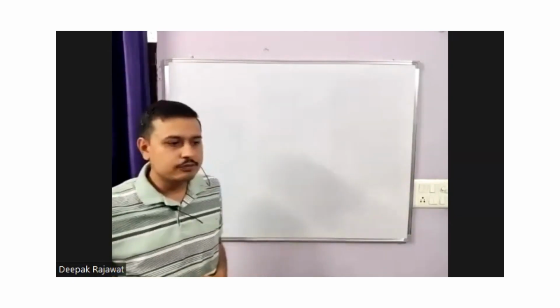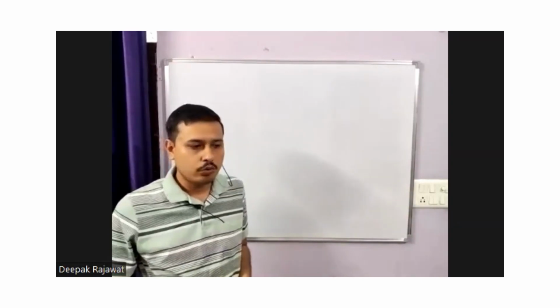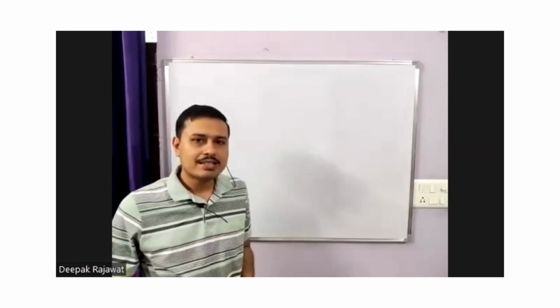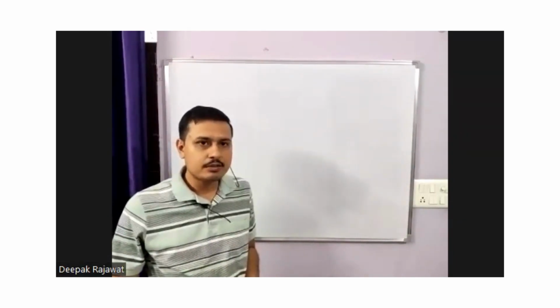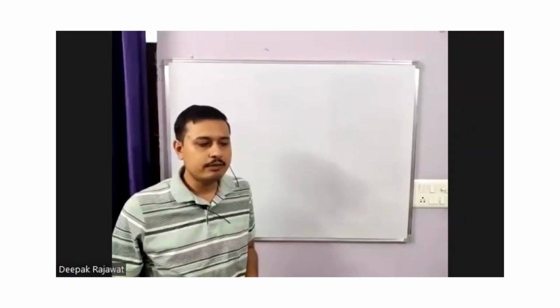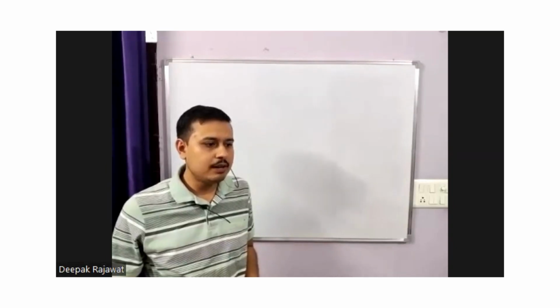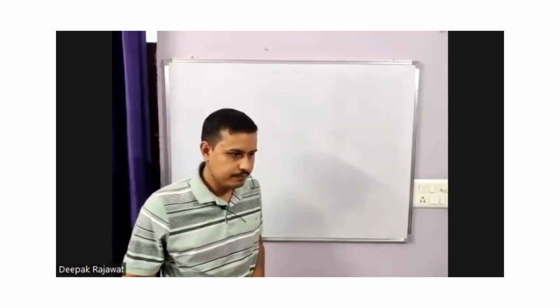Now we are going to learn why we put these symbols in French. So in today's class, we will learn les accents. Accents are the symbols which are placed on certain letters in French to change their pronunciation.